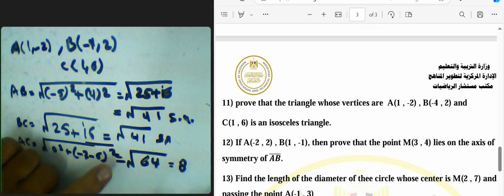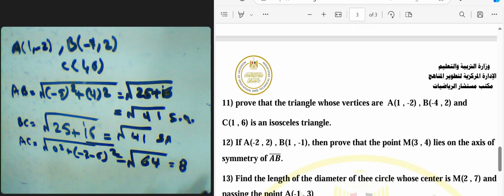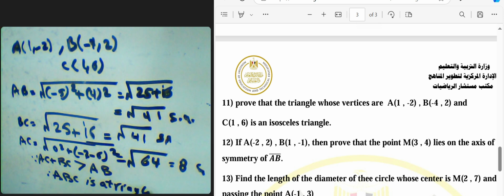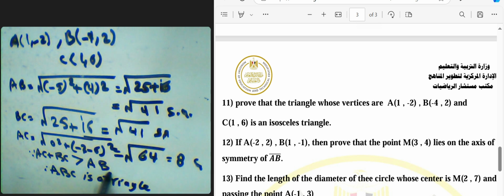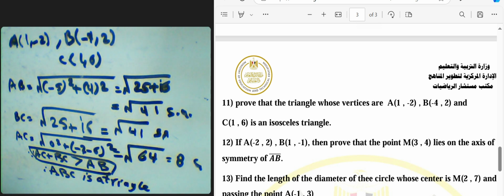If we add any two sides, the result will be greater than the third. So, AC plus BC will be greater than AB. Then ABC is a triangle. So the first step, we must prove that ABC is a triangle by using the inequality. If we add two sides, the result will be greater than the third.